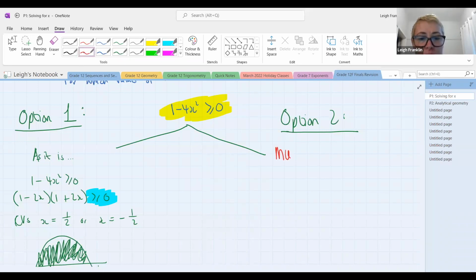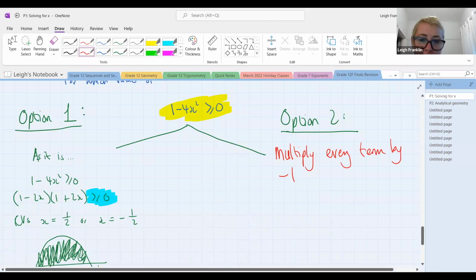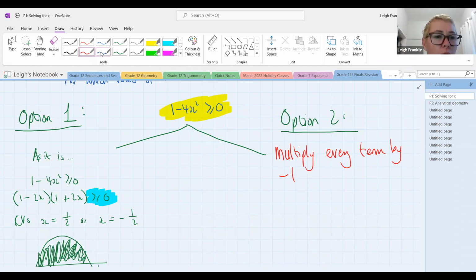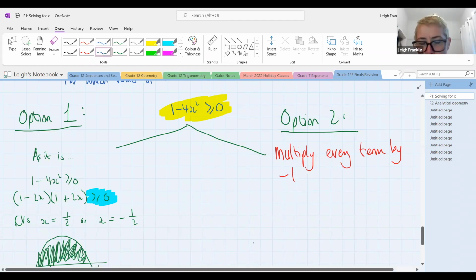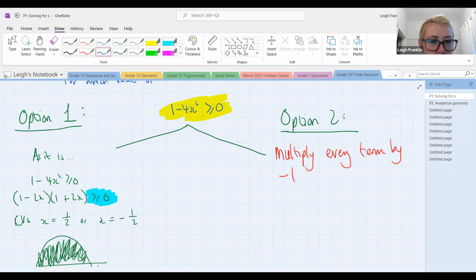So I'm going to write here, multiply every term by negative 1. If I multiply every term by negative 1, what am I going to end up with?